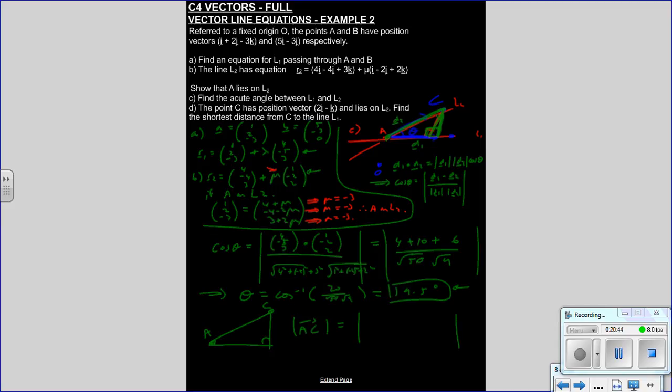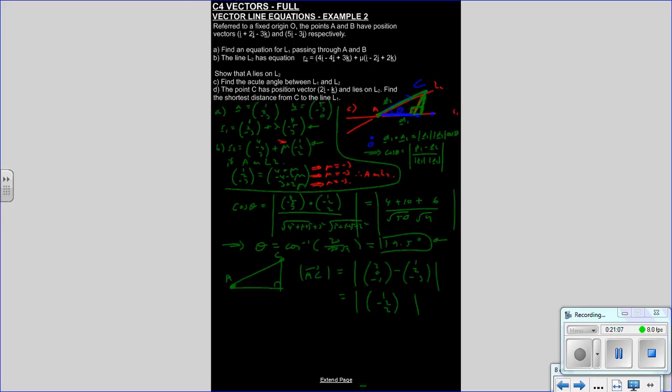A to C is C minus A, and C, as the question told us, was 2, 0, minus 1, minus A, which we know is 1, 2, minus 3. So therefore this is the magnitude of 2 minus 1, that's 1, 0 minus 2 is minus 2, minus 1 minus minus 3 gives us 2, and therefore that is the square root of 1 plus 4 plus 4, which is 3, isn't it? Square root of 9.